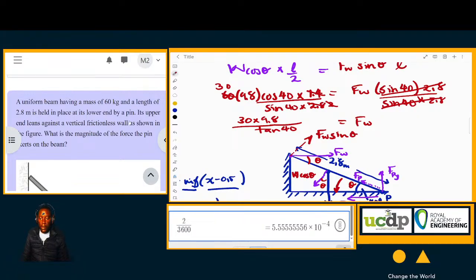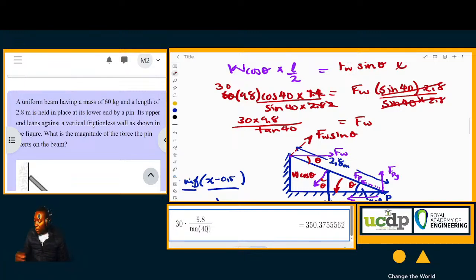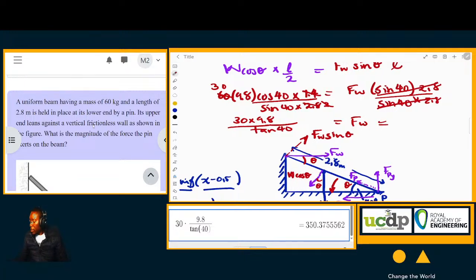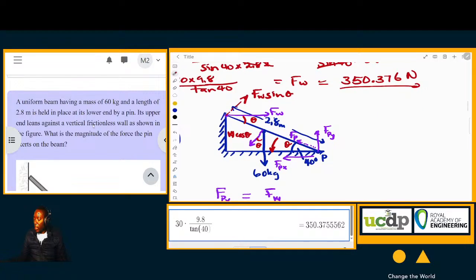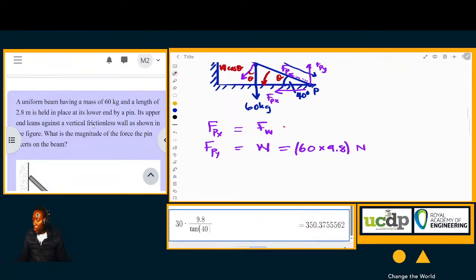Let's see, 30 times g divided by the tan of 40, that's 350.376 newtons. So this is the magnitude of the FW, which is the same as FPX.